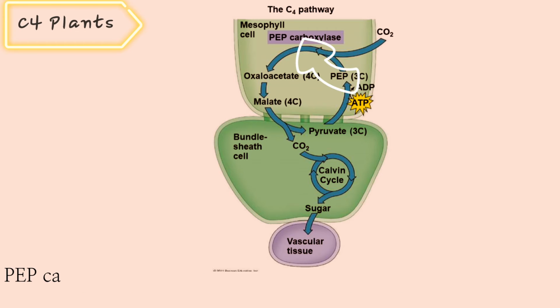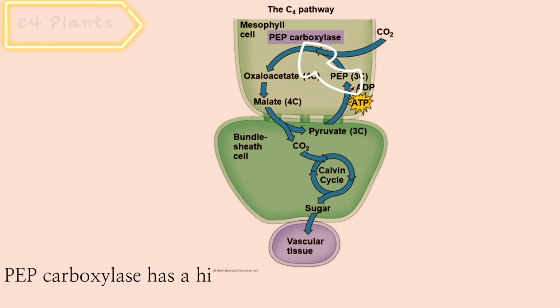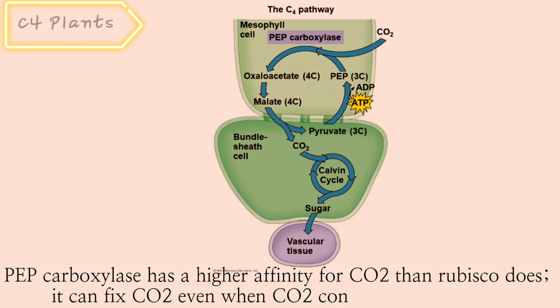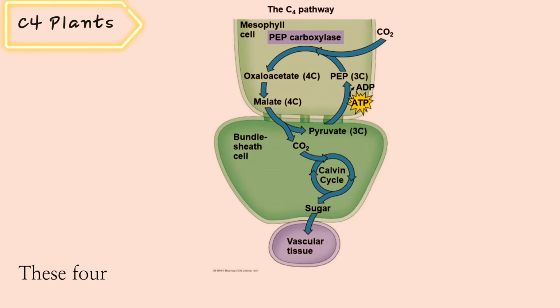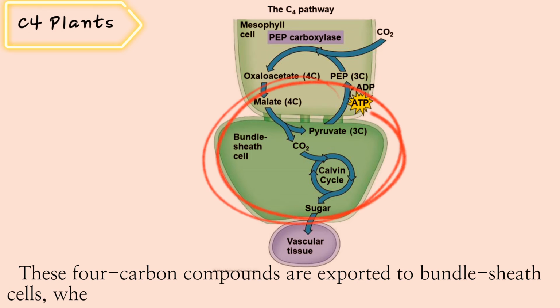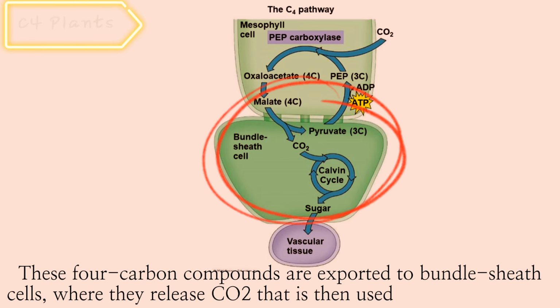PEP carboxylase has a higher affinity for carbon dioxide than Rubisco does. It can fix carbon dioxide even when carbon dioxide concentrations are low. These 4-carbon compounds are exported to bundle sheath cells where they release carbon dioxide that is then used in the Calvin cycle.